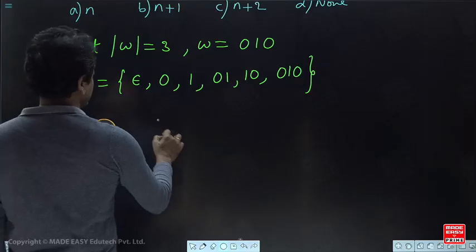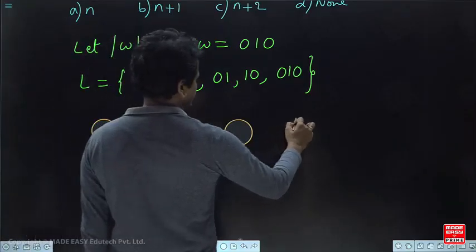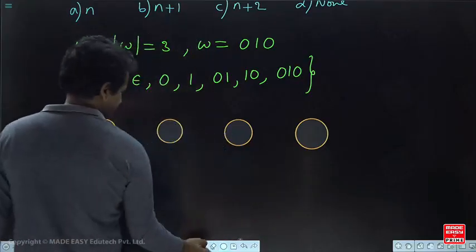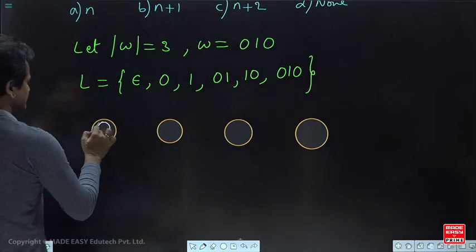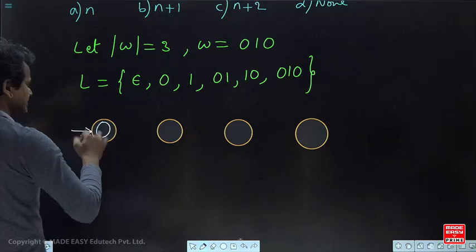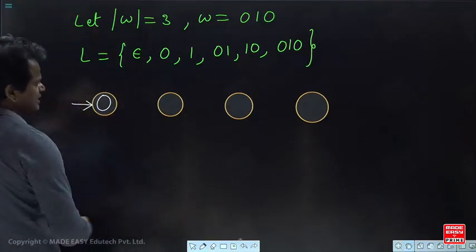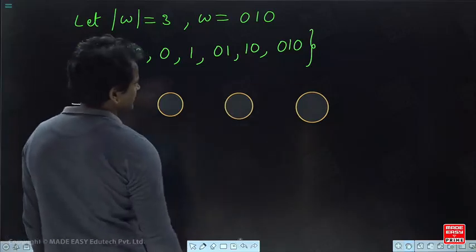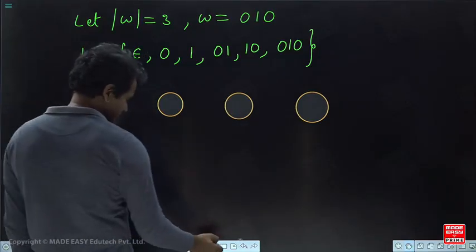So guys, look at this one. I want to accept epsilon. The only way is to make the initial state final. Of course, in the case of an NFA, you can go another way also, by making the last state final and using null moves.